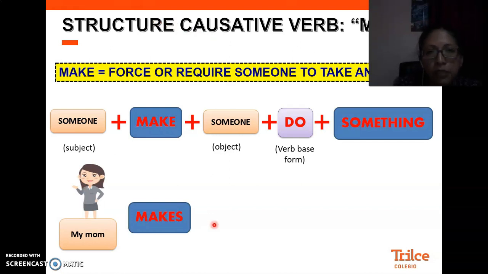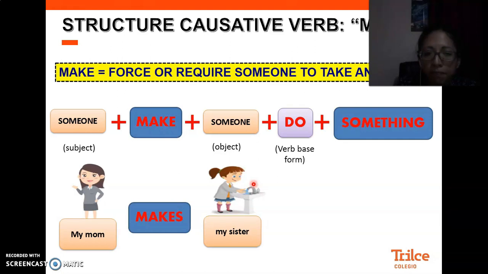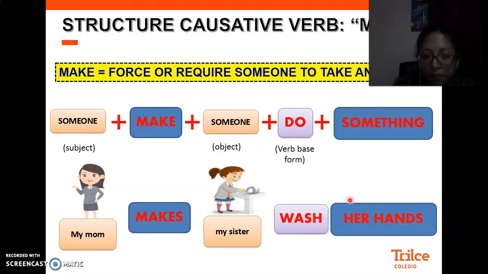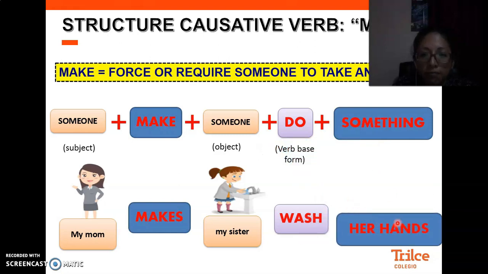It's a simple present example. My mom makes my sister, in this case the object is my sister, my mom makes my sister wash, the verb in base form, her hands.